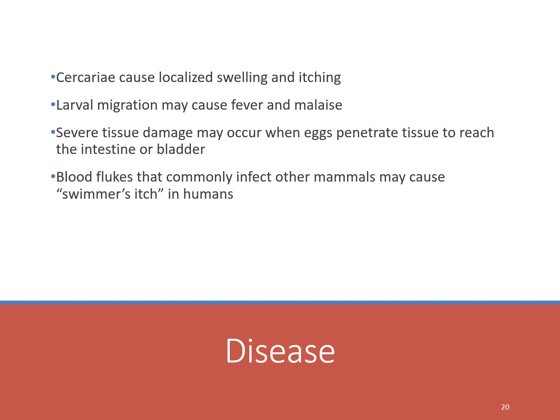And so what they do is they actually cause a localized swelling and itching. The migration can cause fever, a tired weakness, severe lung tissue damage once those eggs penetrate the tissue and they reach the intestines or the bladder. And so the blood flukes commonly infect the mammals, and they can cause swimmer's itch within humans.